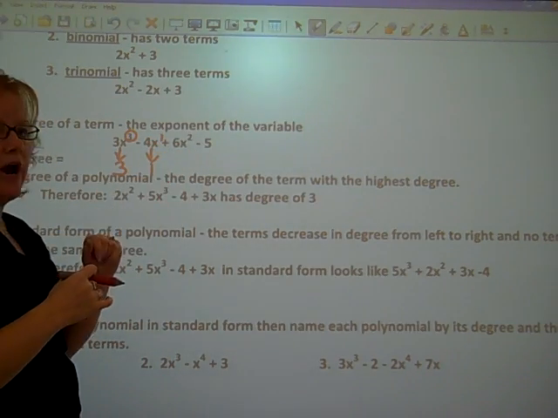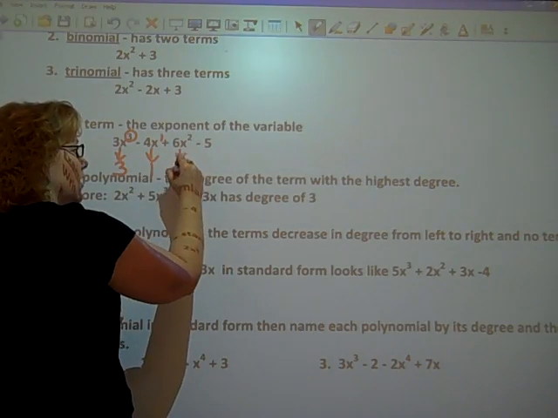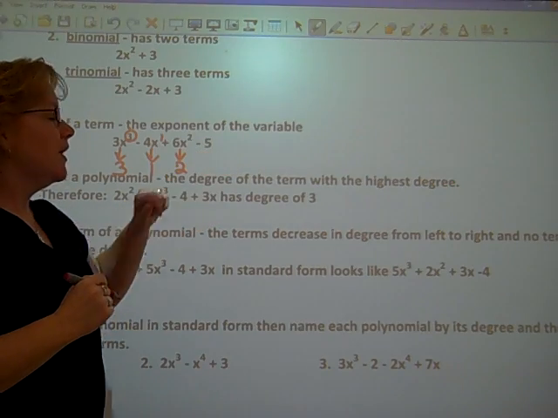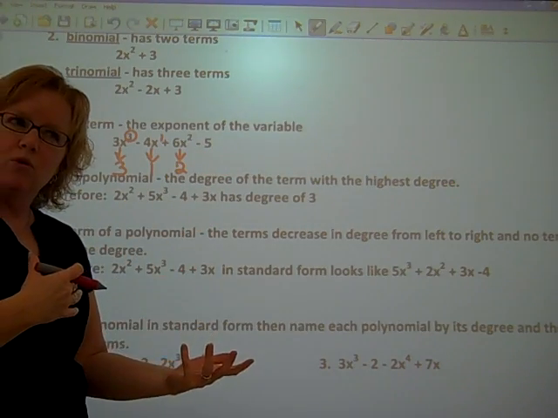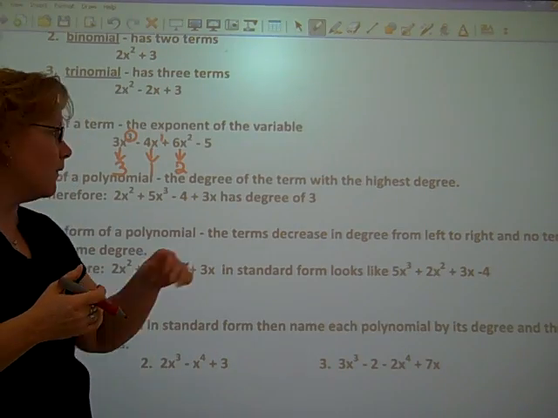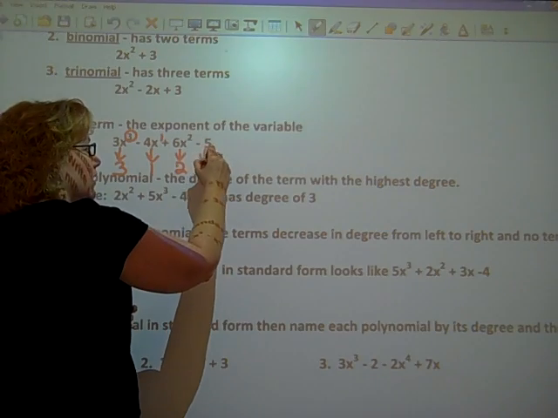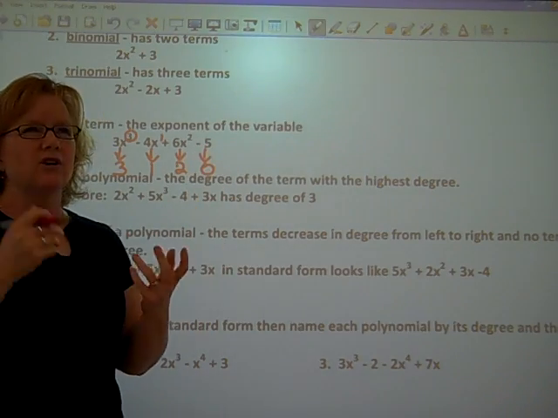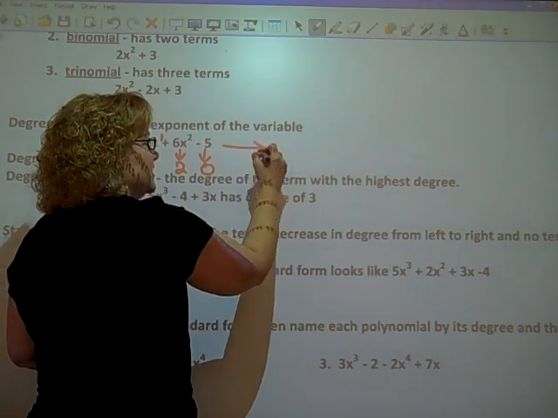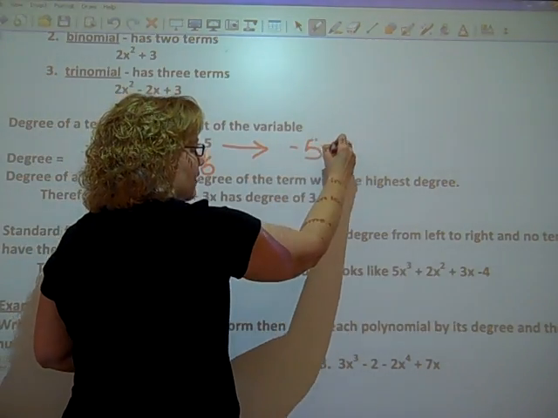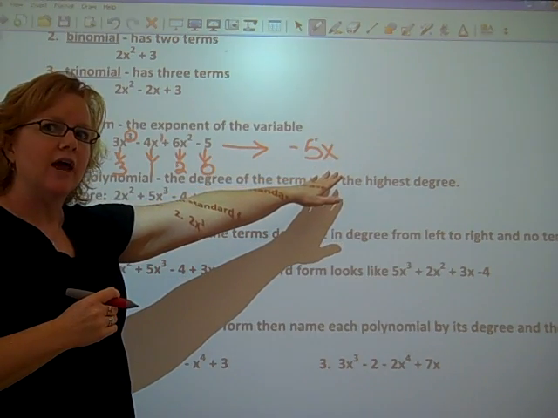This 6x squared, what is the degree for 6x squared? 2. And this one's tricky. It's called the constant term, but it doesn't have a variable with it, does it? No. However, I'm going to tell you right now, the degree is 0. And you're like, where'd she get 0 from? Let me show you. What if I did have a variable with it? What if there was an x with it?